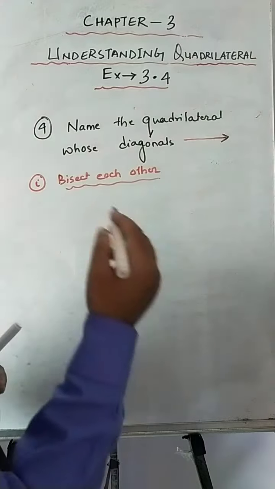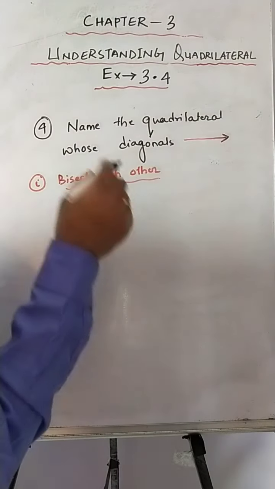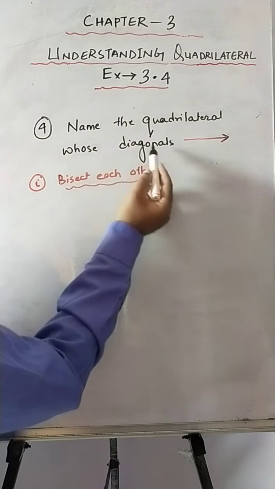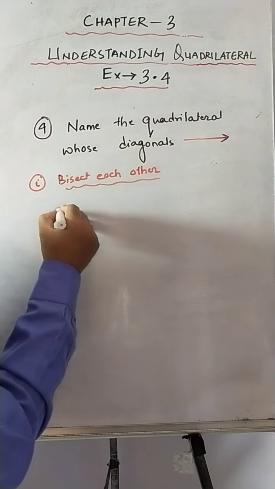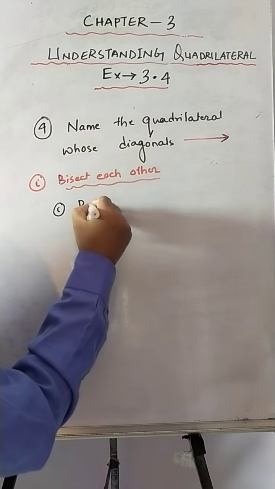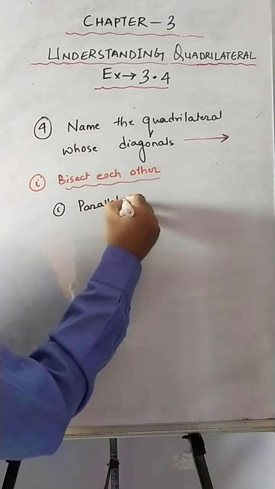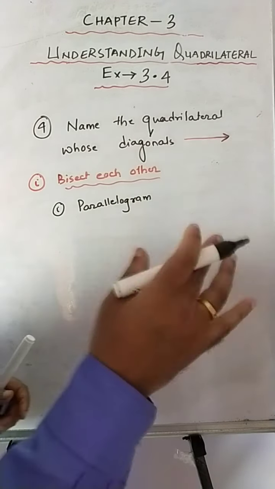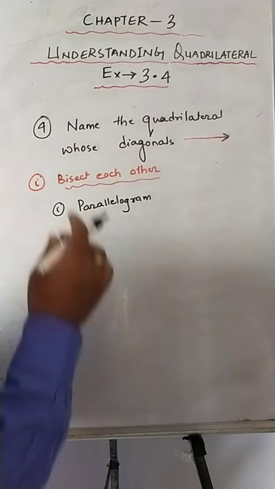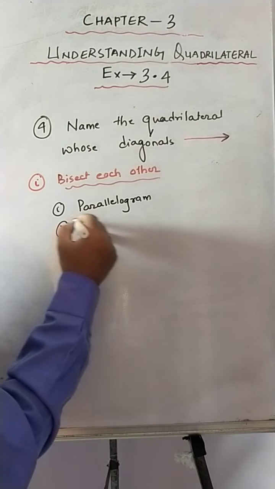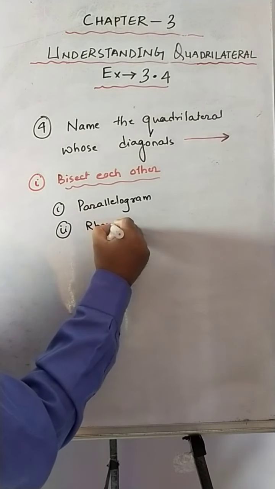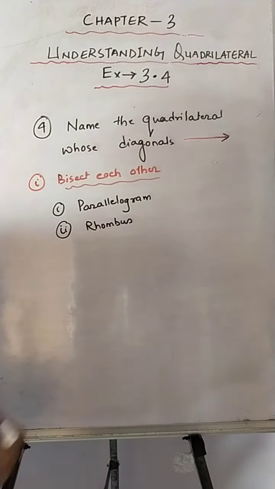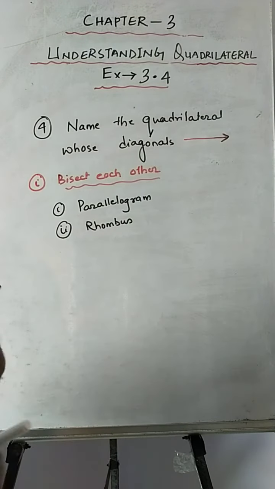So, which are the quadrilaterals that will fall under this property where the diagonals bisect each other? Number 1 would be parallelogram. In a parallelogram, the diagonals divide each other into two equal halves. The same thing happens in a rhombus as well. In a rhombus, the diagonals also bisect each other.